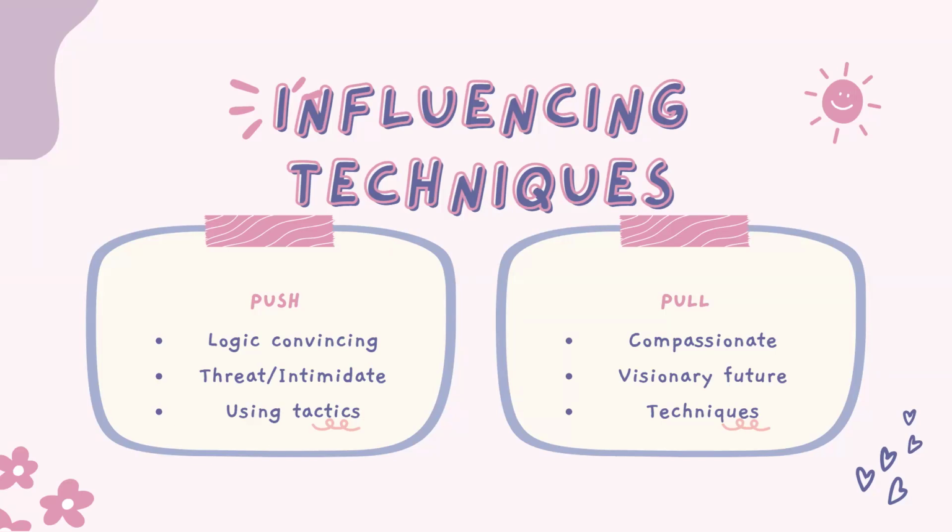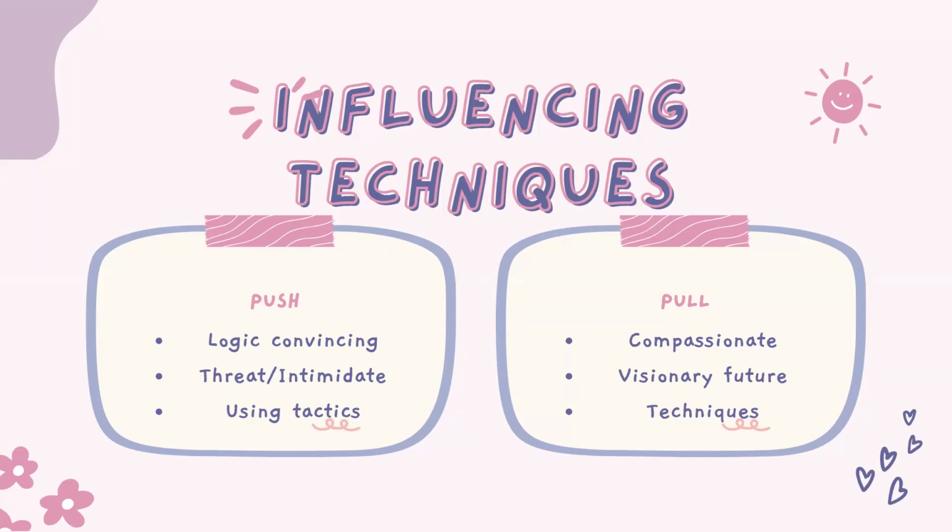So in other words, push means a more direct way to convince the other party. It could use logic, threat or intimidation, or other tactics like good cop, bad cop, or take it or leave it. They are quite straightforward and very direct.